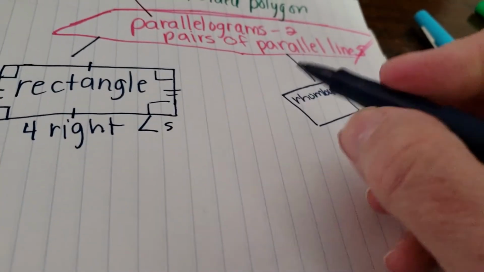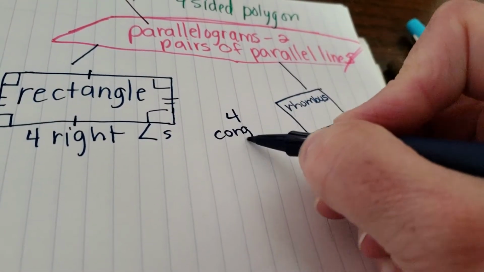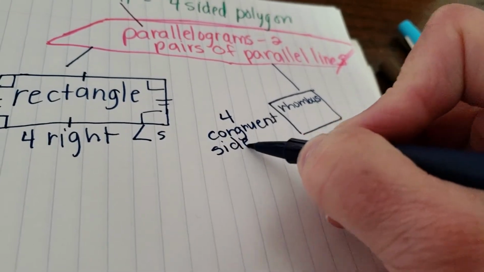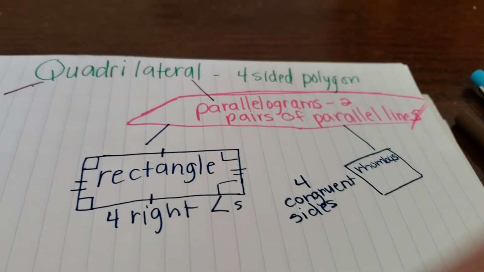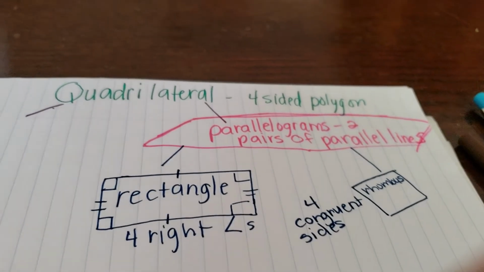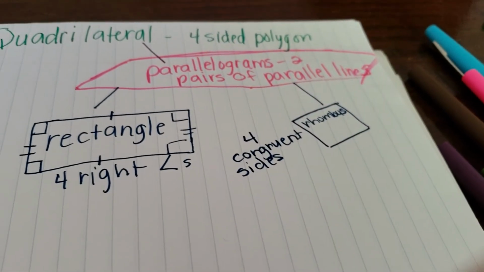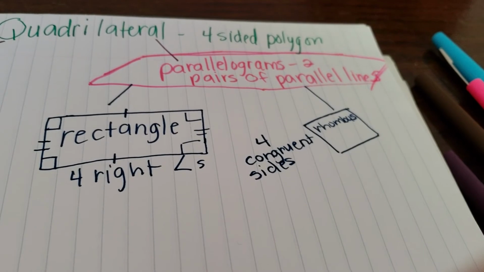Because what makes a rhombus is that it has four congruent sides. Congruent means equal. Okay, and sometimes it is a square, but sometimes it isn't, because a rhombus can have four square corners, but it could also have obtuse and acute angles. So it doesn't have to always be a square.